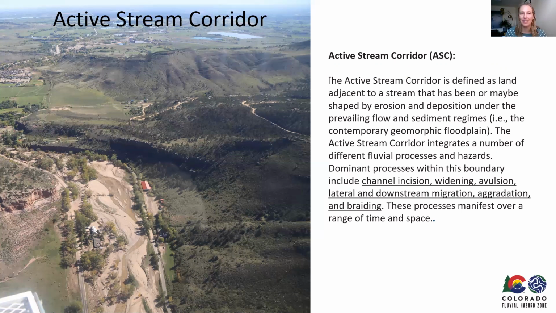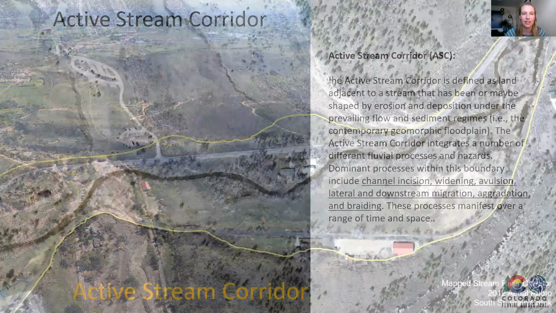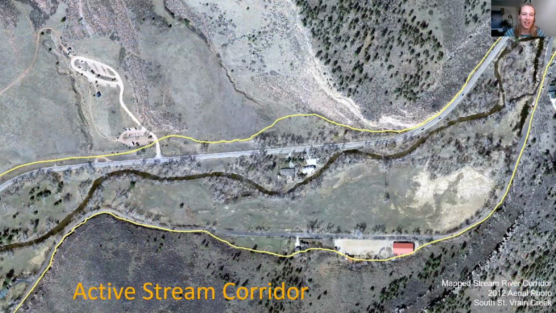It's where channel movement is expected. There's a picture on the left there, again of the St. Vrain, and you can see how it exploded and took up the entirety of the valley floor when it had a big energy flow with a lot of sediment. Here's a zoom in of that same area. This is the active stream corridor delineated on a pre-flood aerial, and I believe also with pre-flood topography.